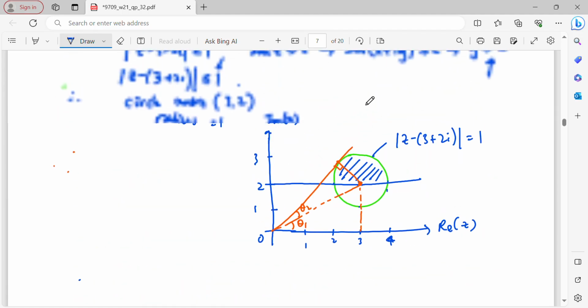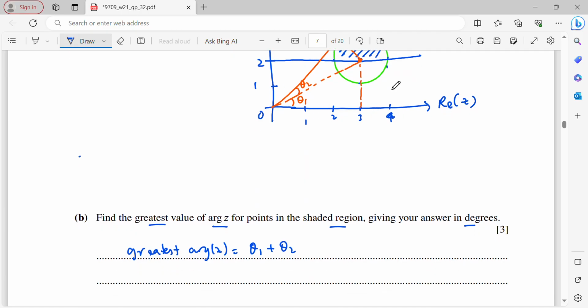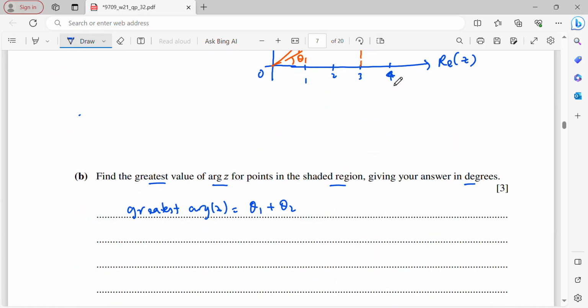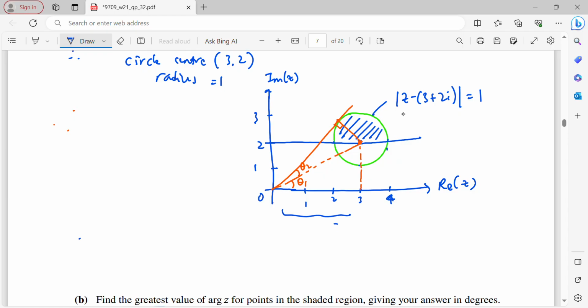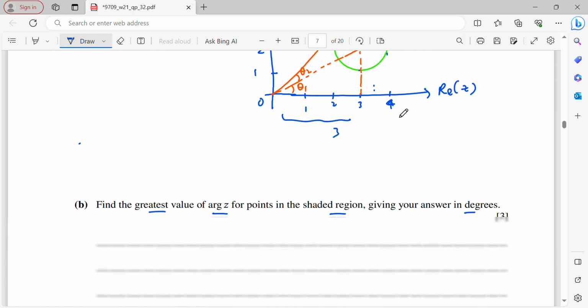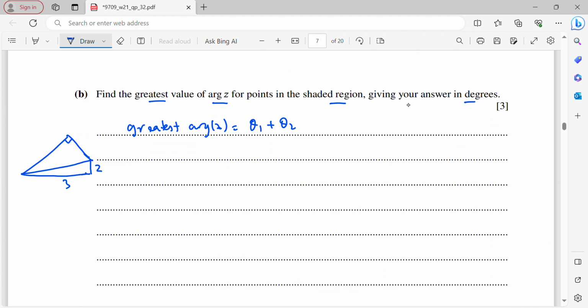So now I will redraw the diagram here. This is 90 degrees, then this is 2, this is 3, because here is 3, here is 2, right? Here is 2. Now I need to find theta 1 and theta 2.